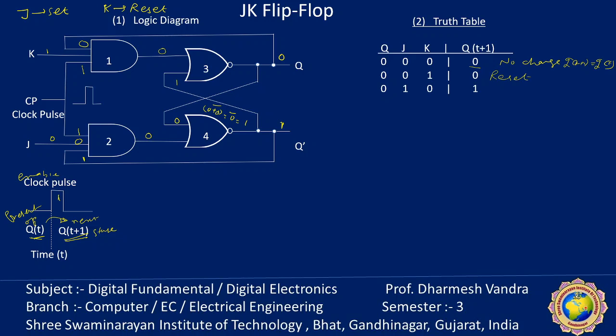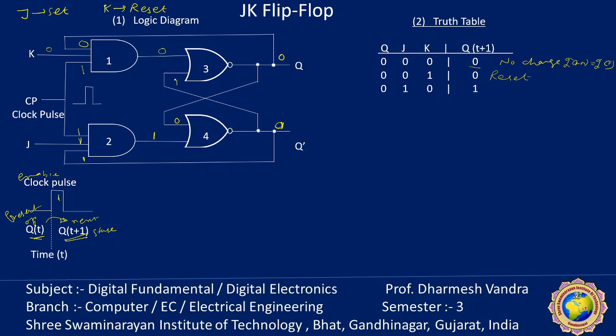Next is 0 1 0. While K is 0, the set input J is changed to 1. So the gate number 1 output remains 0, but with 1 1 1 the gate number 2 output is now 1. If any one input is 1, the output is 0, so Q dash will become 0. 0 plus 1, 0 or 1 will be 1, and 1 complement is 0.